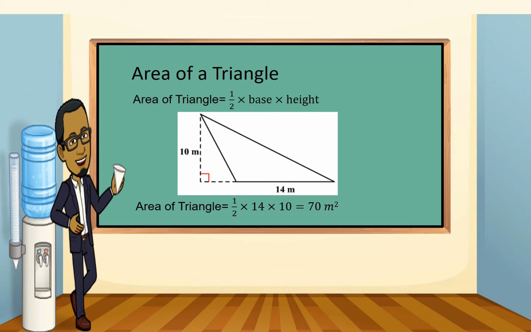You are correct. The area of this shape is 70 square meters. This is found by taking half of 14, which is 7, and multiplying that number by 10.